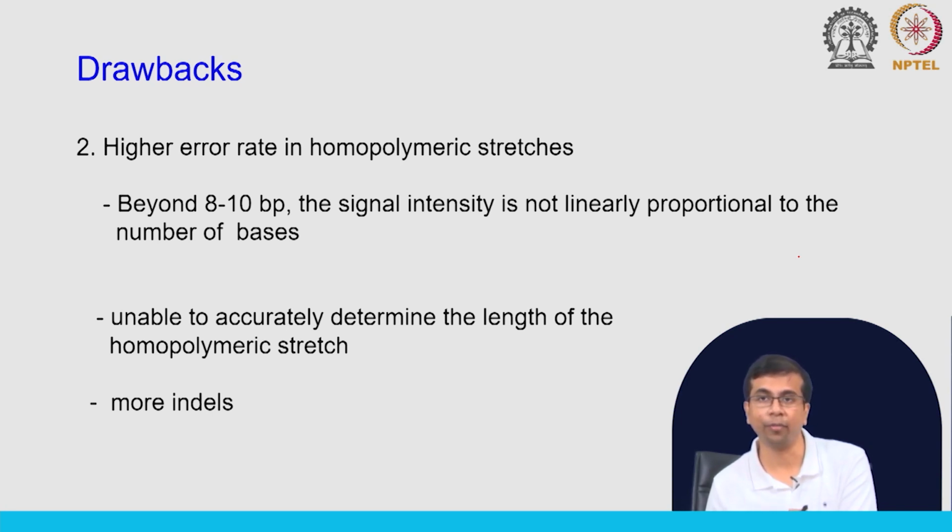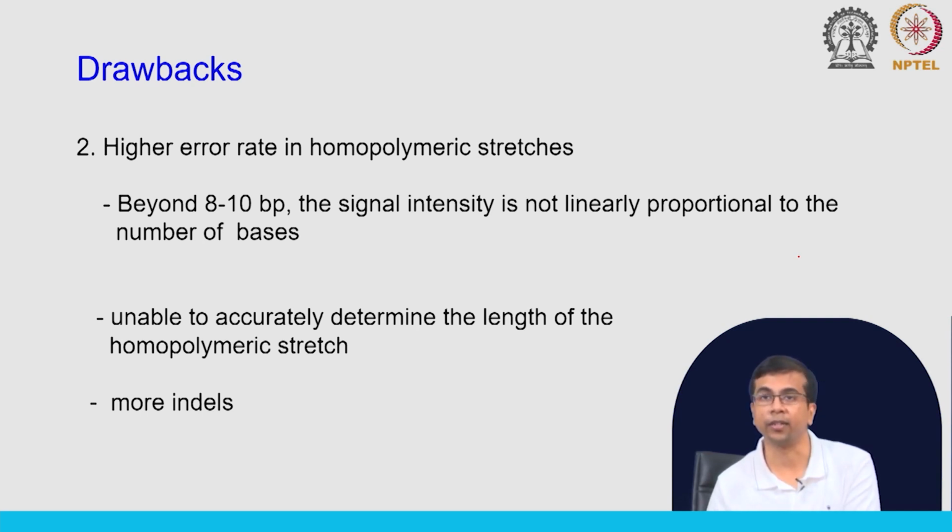So, this is a problem where we are not doing synthesis of the complementary strand one base at a time, right. We see that this is not there in Illumina, and this is also not there in PacBio SMRT sequencing, but here we have this problem because the principle is very similar to 454.